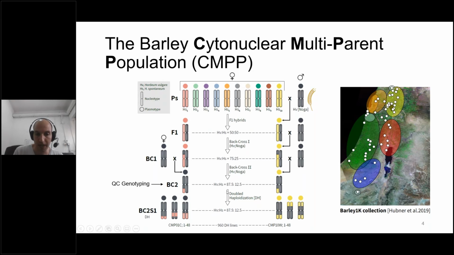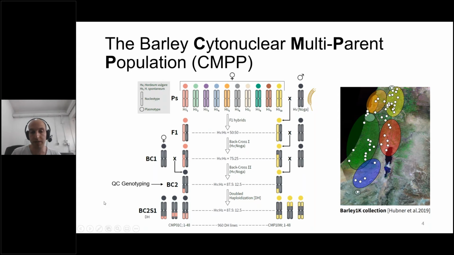And at the end, this population went through a double haploidization process, and it yielded approximately 960 double haploid lines. First of all, those 960 DHs, as is usual in a NAM population, are subdivided into the 10 subfamilies, each one deriving from Noga and a specific wild parent.